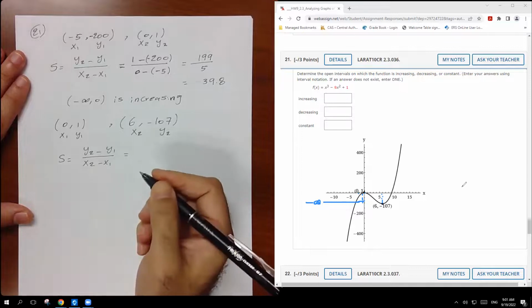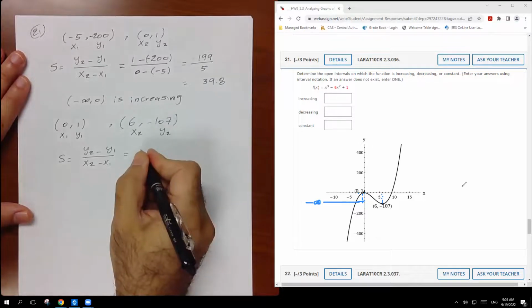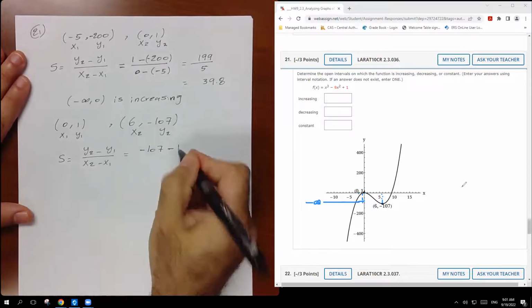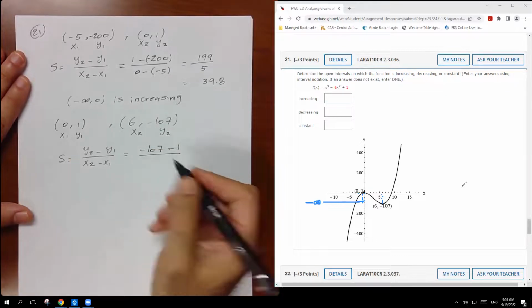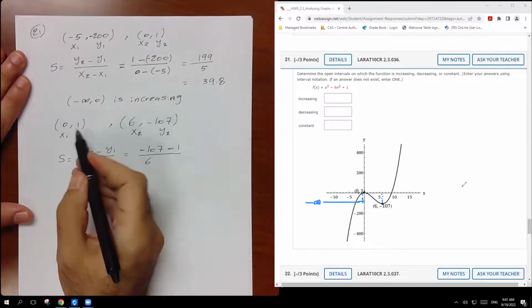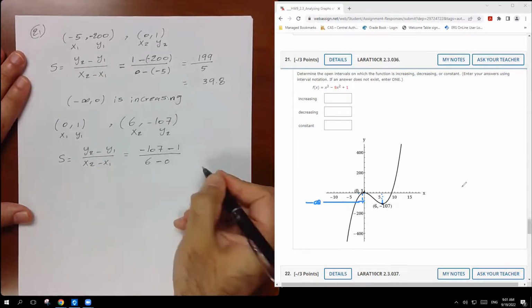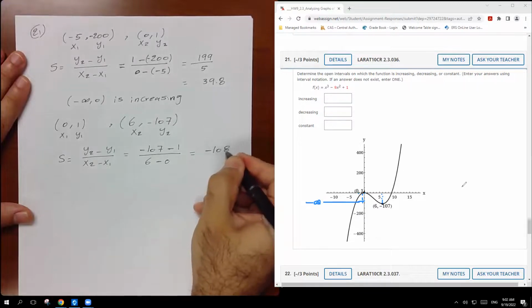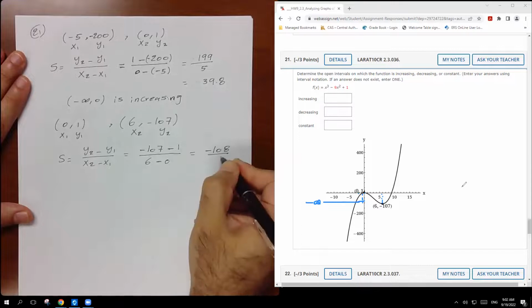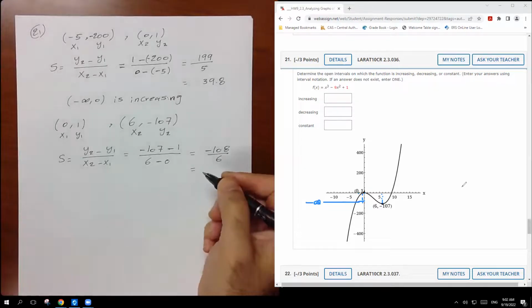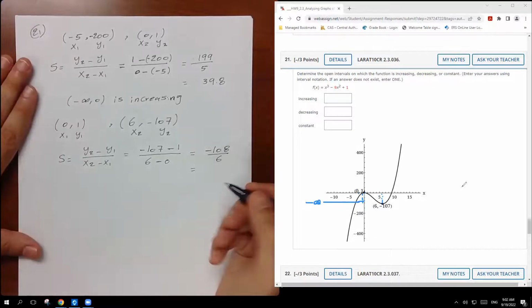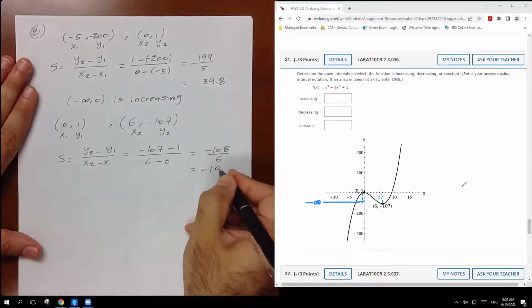That means y2 is negative 107 minus y1 is 1, over x2 is 6 minus x1 is 0. That means negative 108 divided by 6. 108 divided by 6 is 18. So it's going to be negative 18.